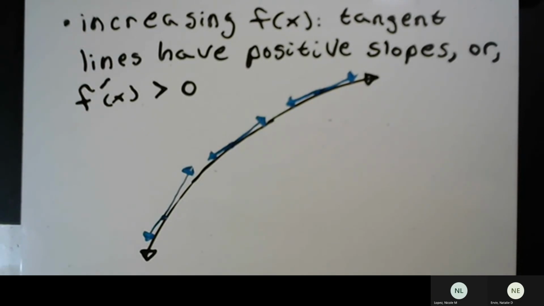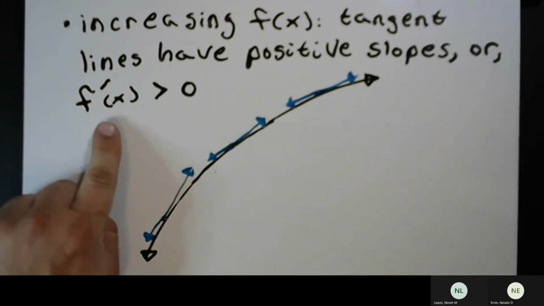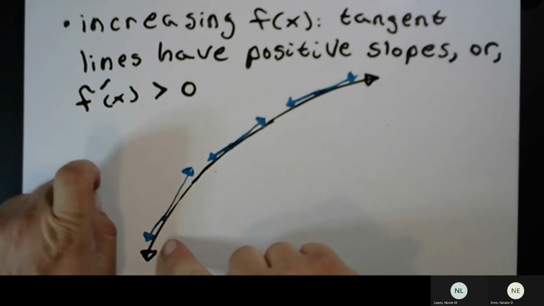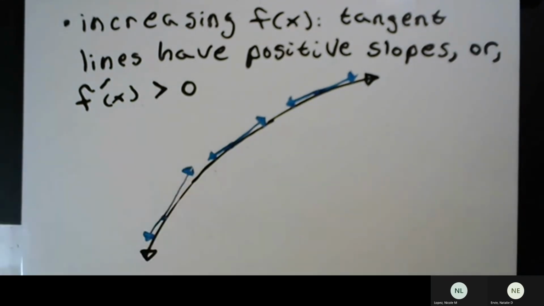So that tells us this function is increasing. In other words, we can just look at f prime of x, and since it's greater than 0 all along this arc, this tells us f of x is increasing.